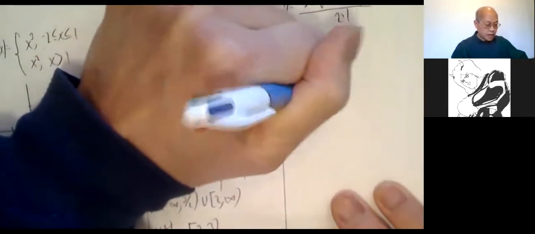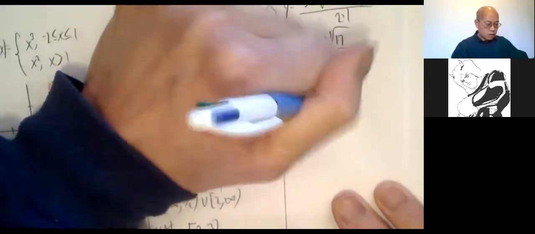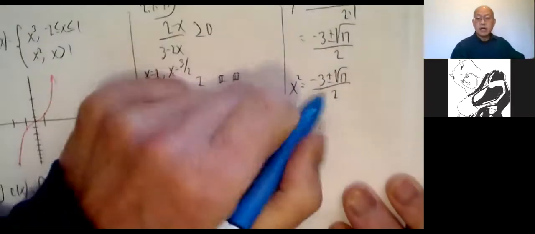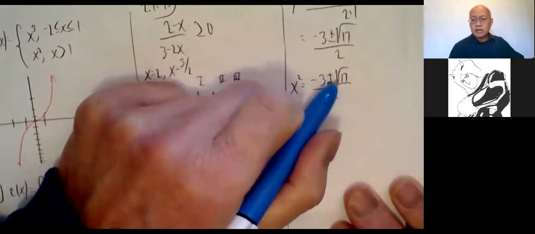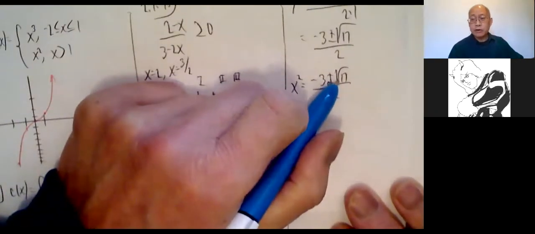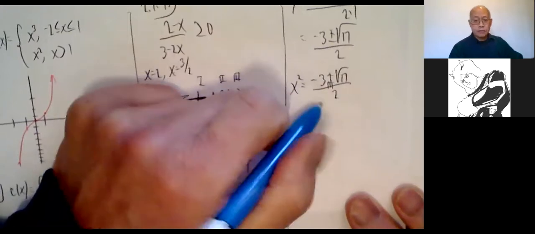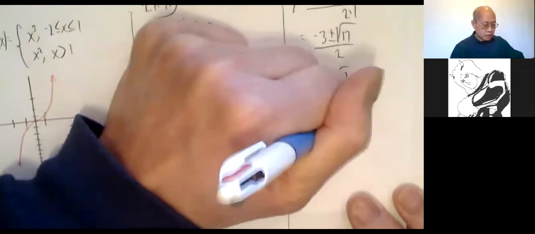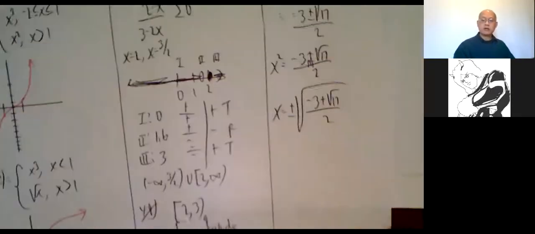X squared is negative 3 plus or minus radical 17 all over 2. It asks for real solutions, so I can't have the negative, so I throw out the negative. Square root of 17 is bigger than 4, so if I subtract, I'm going to have a negative. If I add, that's going to be positive. Okay, so x is plus or minus the square root of this, negative 3 plus square root of 17 all over 2, and you can just leave it like that.